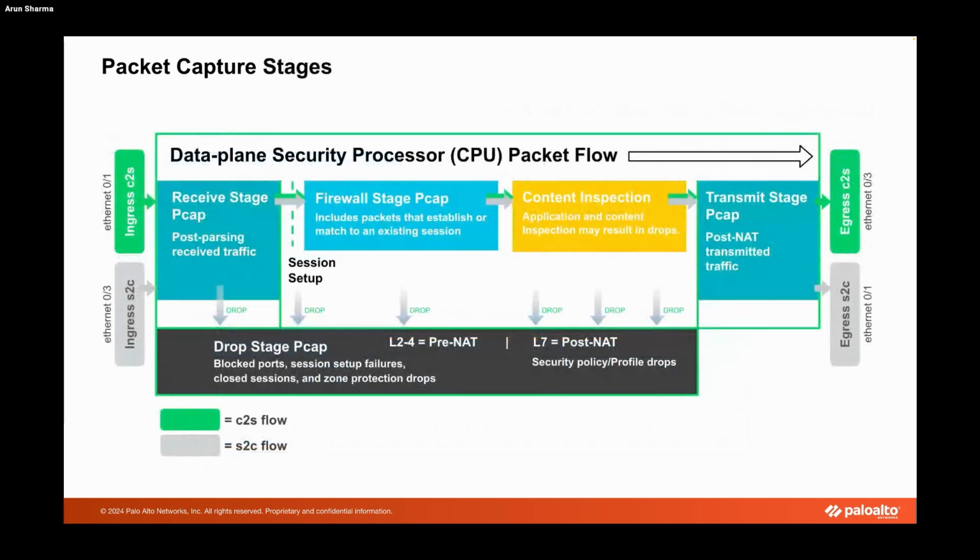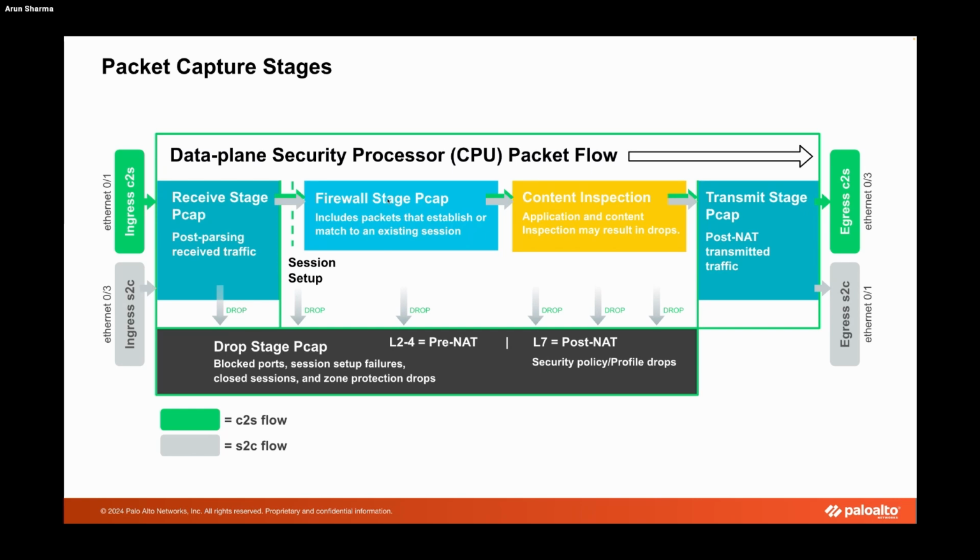Okay, moving on. When we take the packet capture, we have to enable the staging. By staging, I mean at what stage the firewall sees the traffic intercepted, and at what stage you want to see that. It could be the receive stage, that is post-parsing received traffic.